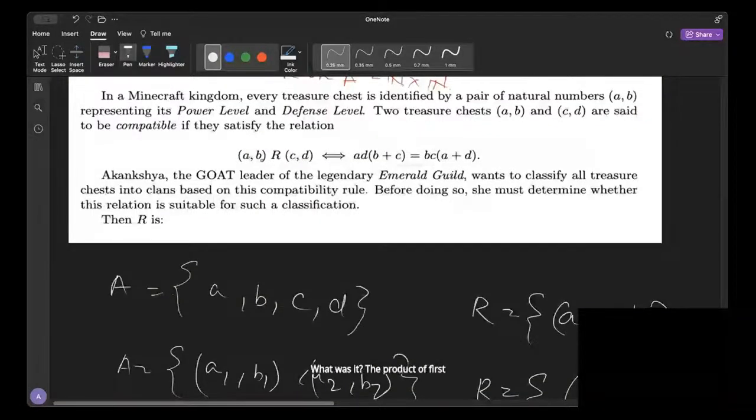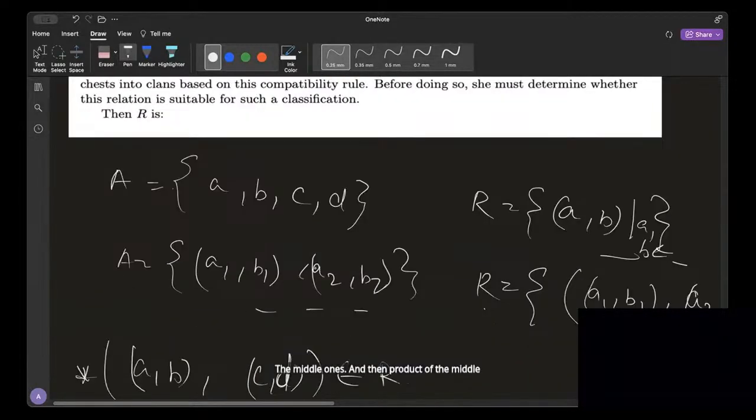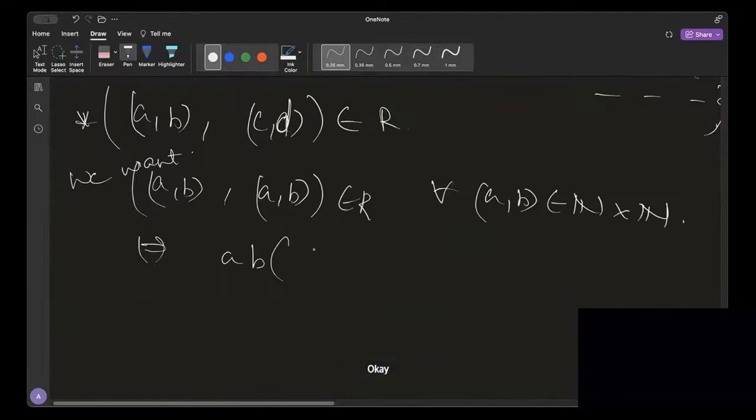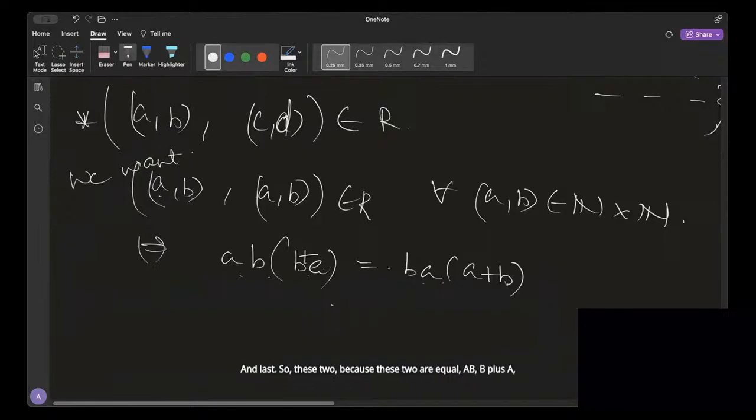The product of first and last and sum of the middle ones, and then product of the middle ones and sum of the first and last. So (A, B) and (A, B), this should be equal to the product of the first and last and sum of these, B plus A, and product of the middle ones and sum of the first and last. Because these two expressions are equal, AB, B plus A, and BA, A plus B, that means (A, B), comma (A, B) is in R. That means R is reflexive.